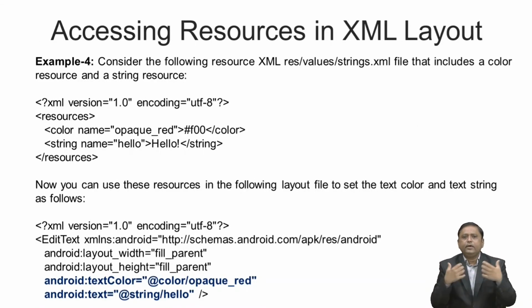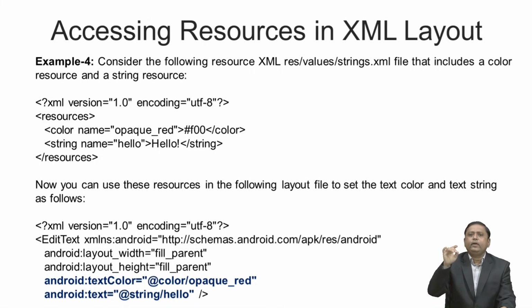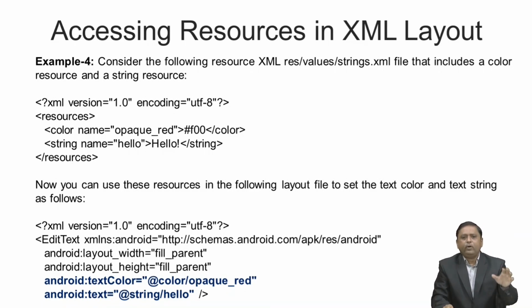Let us understand how to access a resource in a layout file. Now, consider an XML file which is stored inside the values folder, and it defines two values, one is color and another is string. The color name is opaque red, which is defined with hexadecimal format # and RGB. So, F refers to red, 0 refers to green and 0 refers to blue. So, it basically refers to red color, pure red, and the string name is hello and the actual string is hello.